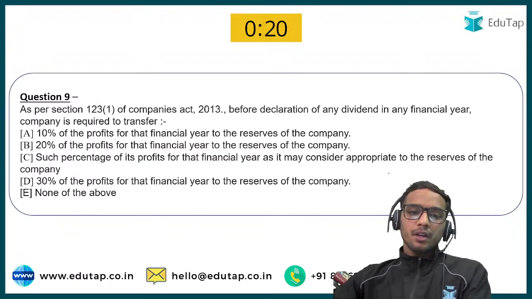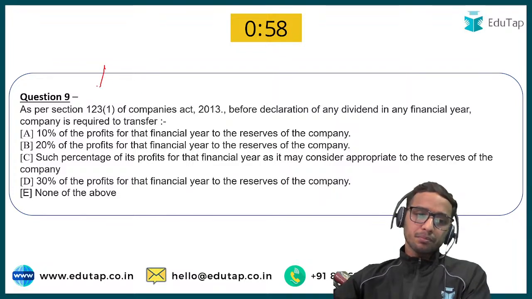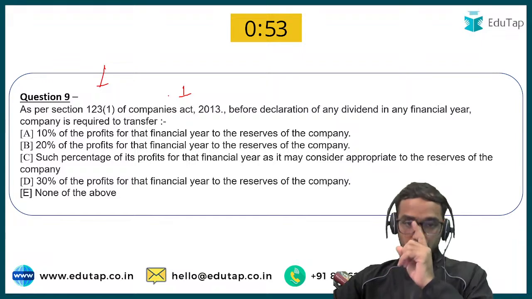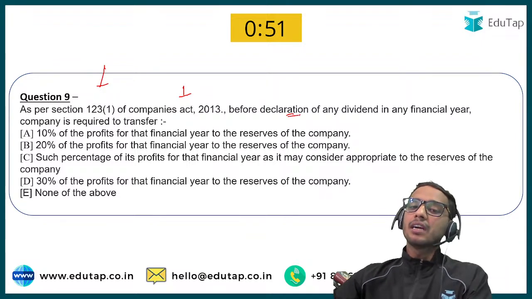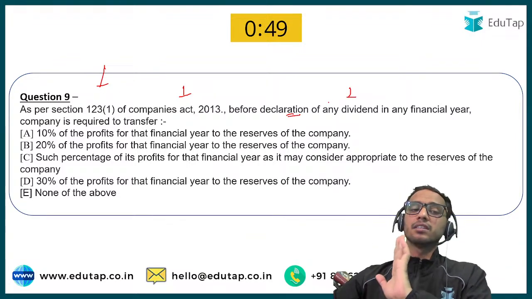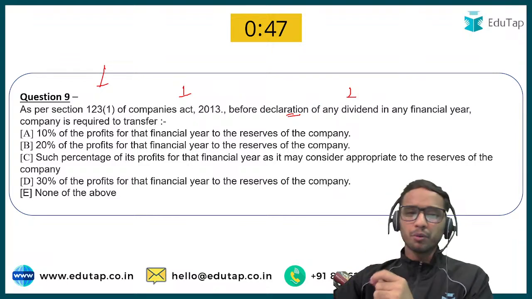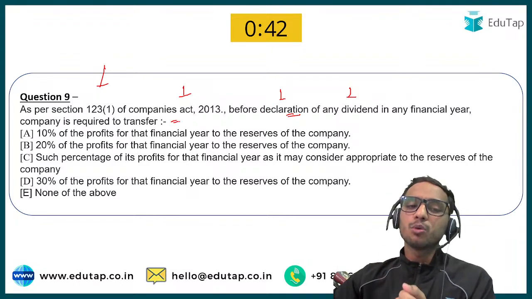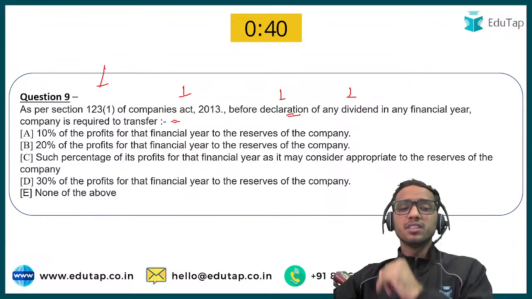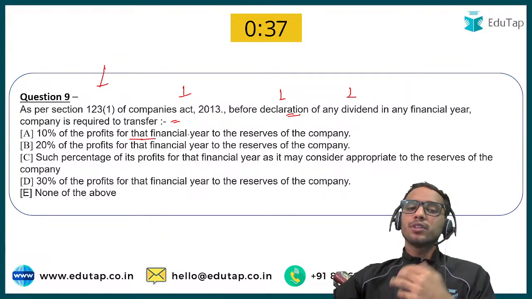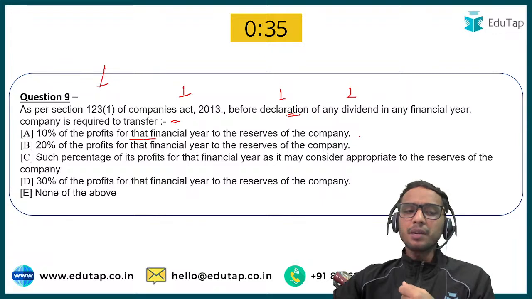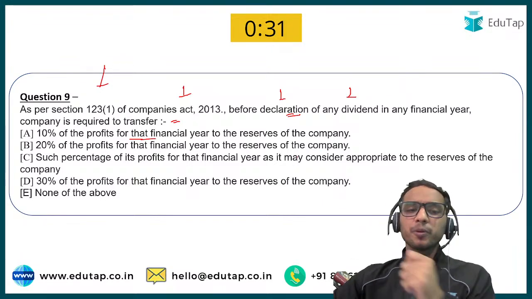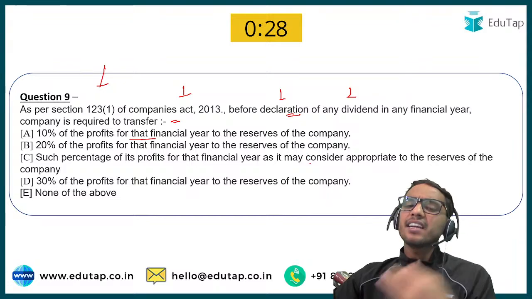Now, question number 9 says, as per section 123(1) of the Companies Act 2013, before declaration of any dividend in any financial year, the company is required to transfer what amount to the reserve? 10% of the profit for the financial year, 20% of the profit for the financial year, or such percentage of its profit as it may consider appropriate.